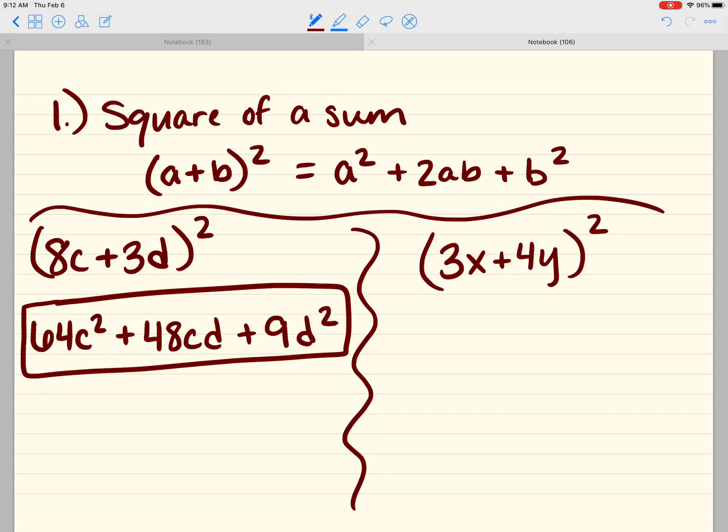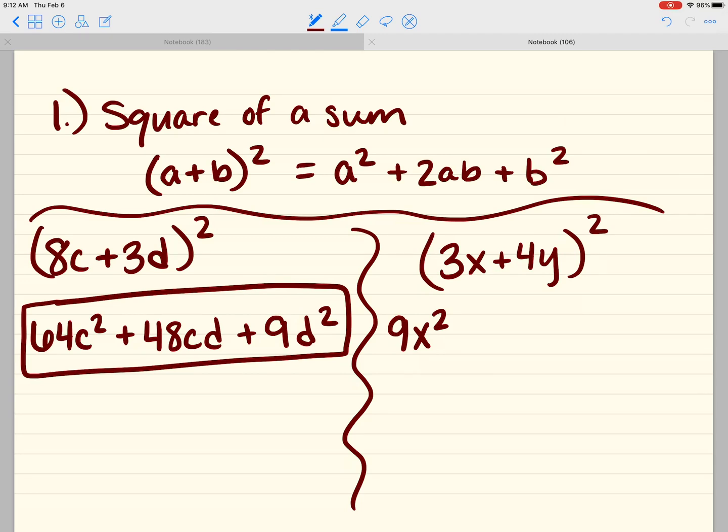Okay. All right, same idea here. We're going to square the first term, multiply the two terms together and double it, square our last term. All right, so Jacoby, if I wanted to square my first term, what would that give me? Okay. Carter, what do you get if you multiply those two terms together? 3x times 4y. 12xy.